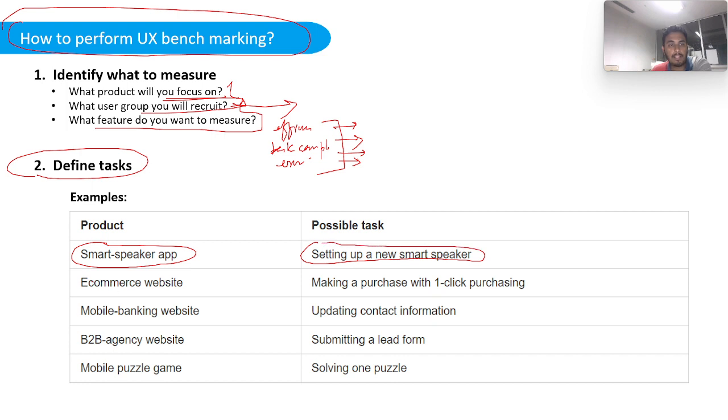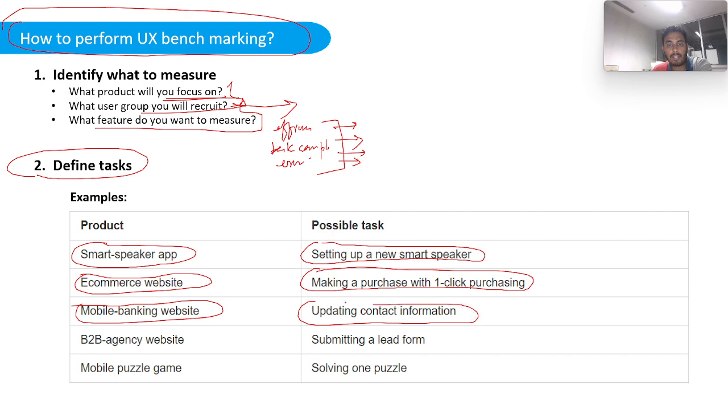If your product is an e-commerce website, probably you will ask a user to perform a purchase. If it's a mobile banking application, you will ask the user to update contact information. So these are various examples of what you probably want to benchmark, and depending on which feature you are looking at, you can then define the task accordingly.